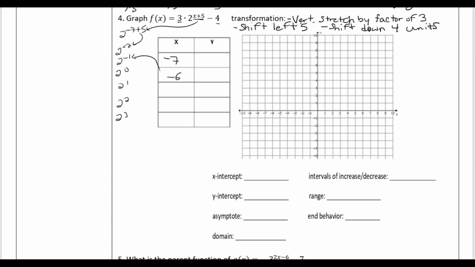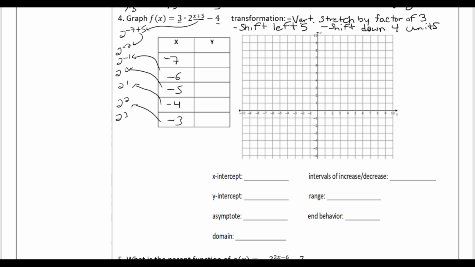If x were negative 5, then that would give us 2 to the 0. If x were negative 4, that would give us 2 to the first, and if x were negative 3, it would give us 2 to the second. And that's how we get those values.